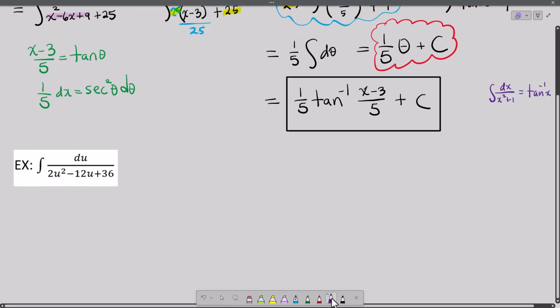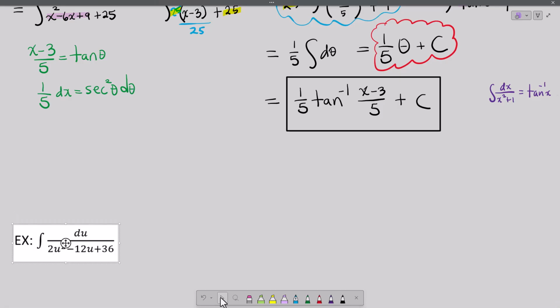So for example, if we had something like this, the integral of dx over (2x) squared plus 1, we could use trig sub there, but we can use just an immediate antiderivative.